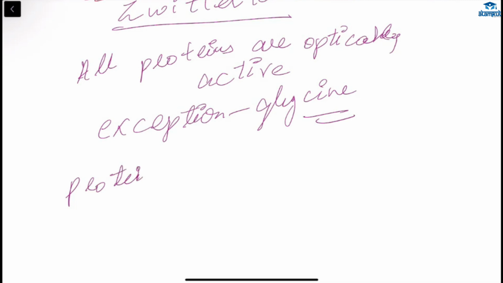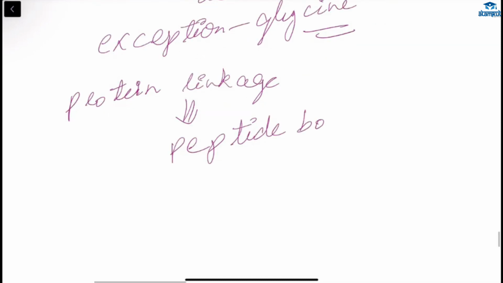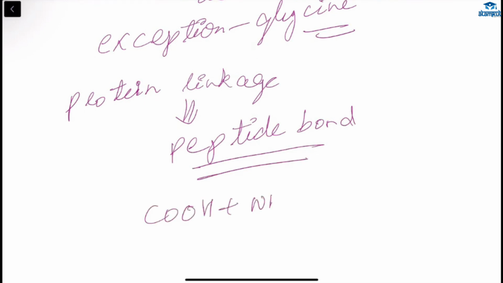What is the linkage between all the proteins? The protein linkage is called a peptide bond. When one protein is attached with another, it is called a peptide bond. Basically, how is a peptide bond formed? The COOH group of one carbon atom and the NH2 group of the other carbon atom react.